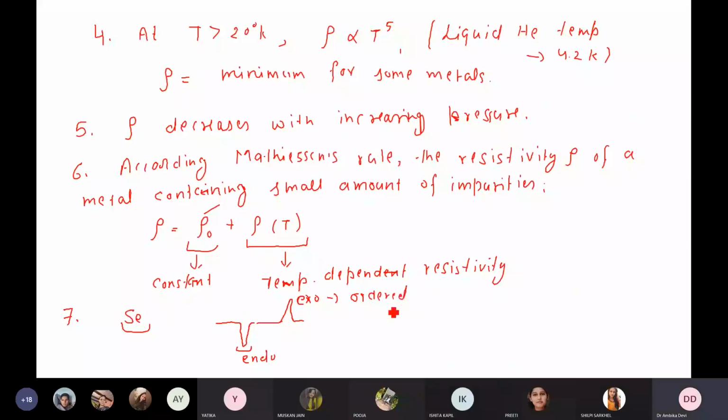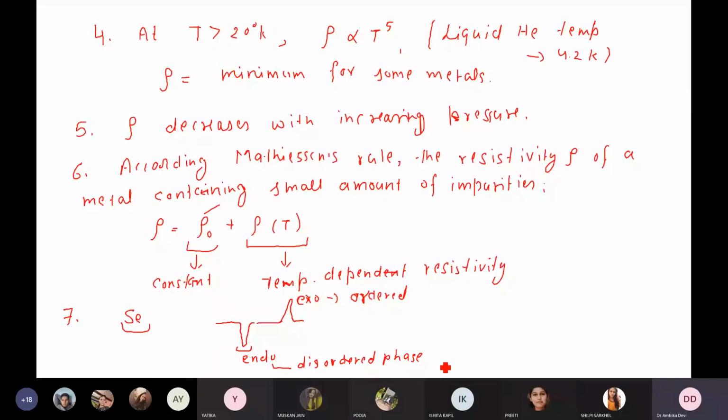This is an ordered phase, and this is a disordered phase. So there are certain materials which show ordered and disordered phases.